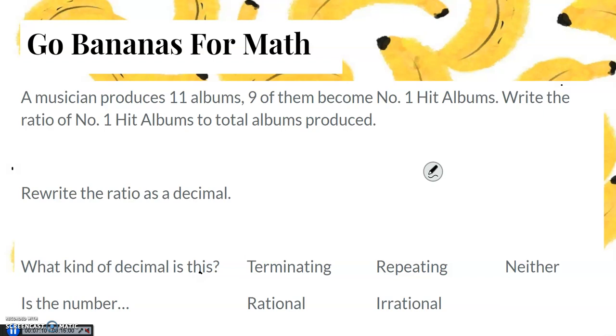So here is our little word problem, okay? And if we can do these well, we can earn points of bananas and see how it goes. So a musician produces 11 albums. 9 of them become #1 hits. Write the ratio of #1 hit albums to total albums produced.